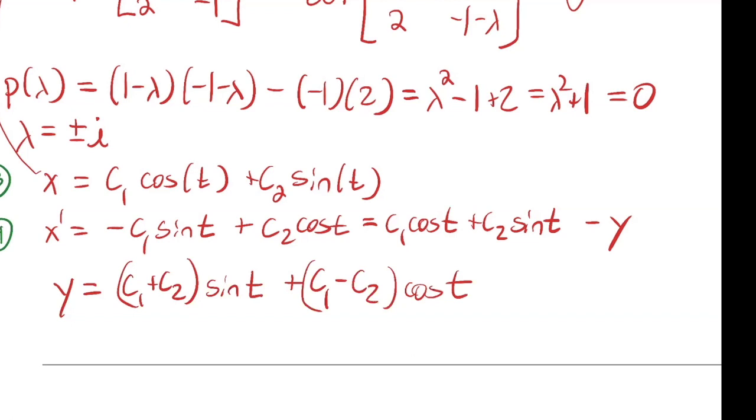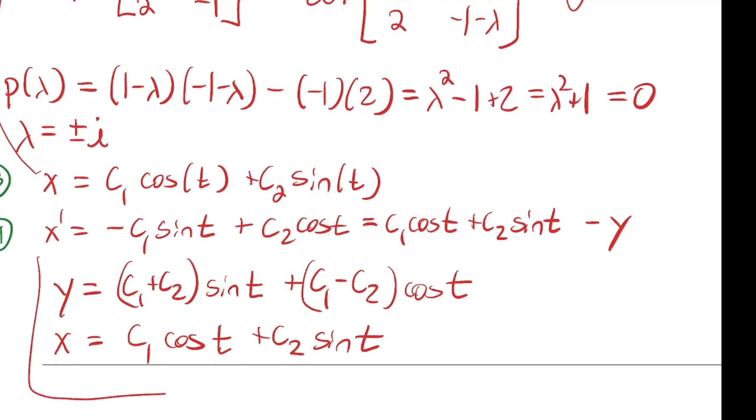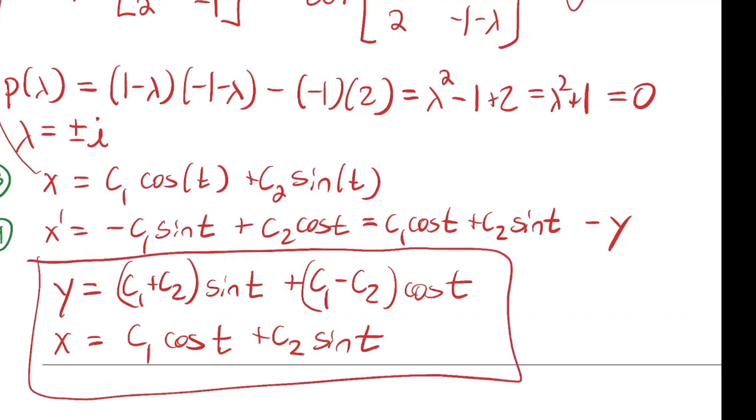That's what happens when you have complex roots. Okay, and then my final answer should be solutions for both of those, right? We should have a solution for x and the solution for y, and we should have only two general constants in that solution.